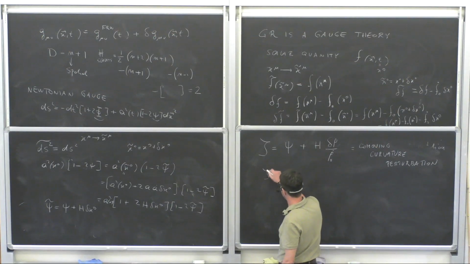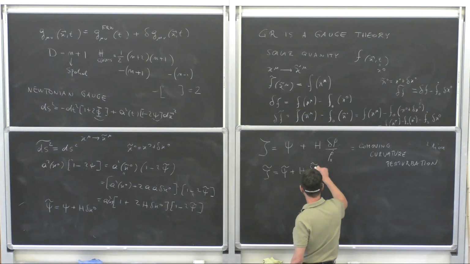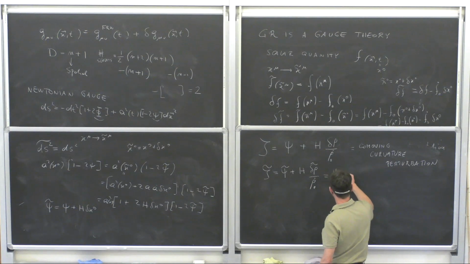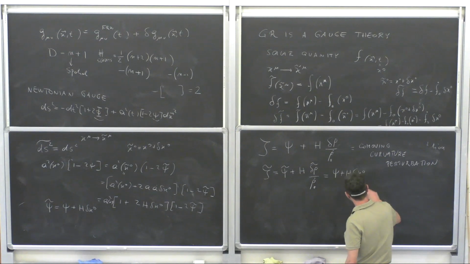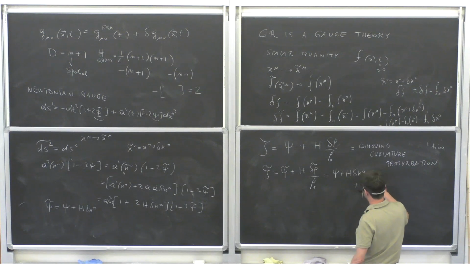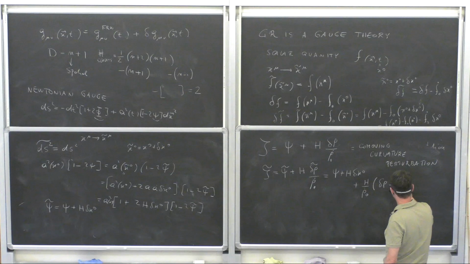The obvious reason is that I have zeta in the new coordinate system, zeta tilde, which is psi tilde plus h delta rho tilde divided by rho dot 0, okay? But this is nothing else than psi plus h delta x0 plus h over rho dot 0 times, since this is a scalar, so we transform like delta rho minus rho dot 0 times delta x0.